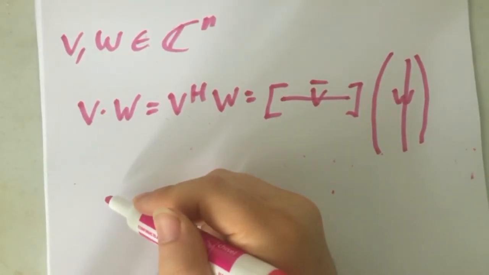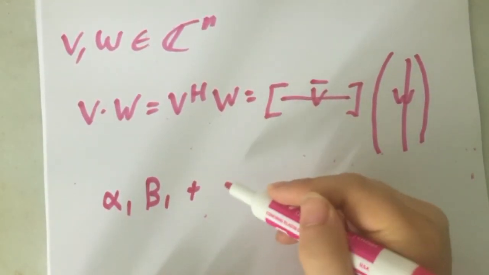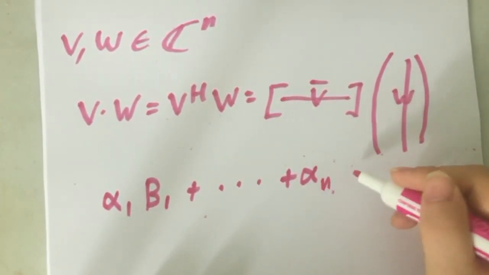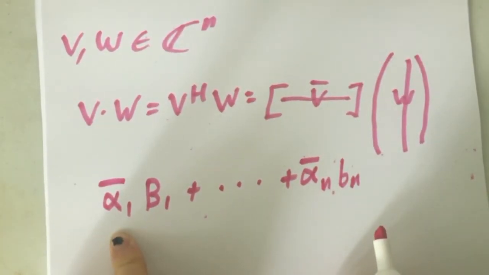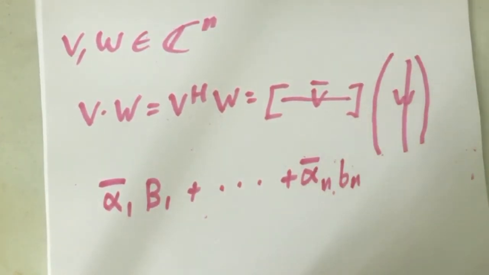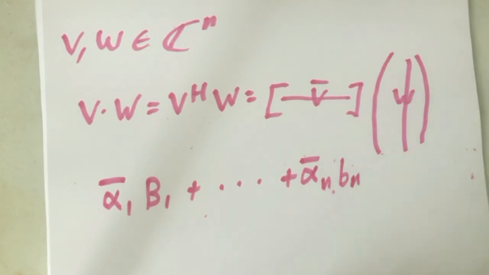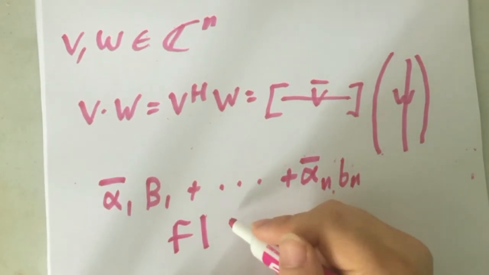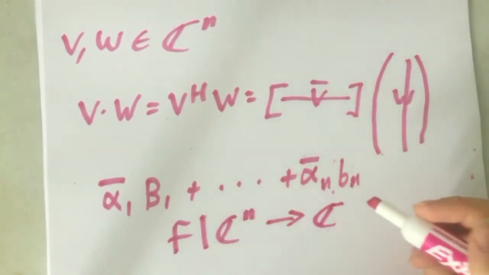Instead of writing out a1 plus b1 i, we could write alpha 1, beta 1, and using Greek letters reminds us that these are complex values. There are bars over these: if these are the elements of v, then you're looking at the conjugates of them. Each of these is some complex number, and the sum is some complex number. And so this is a linear function from C^n to C, complex n space to C.